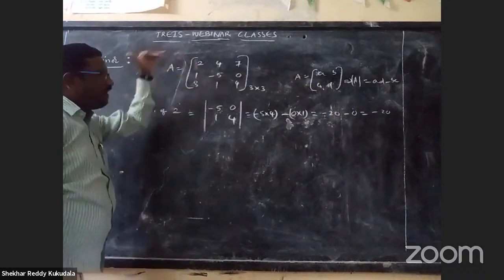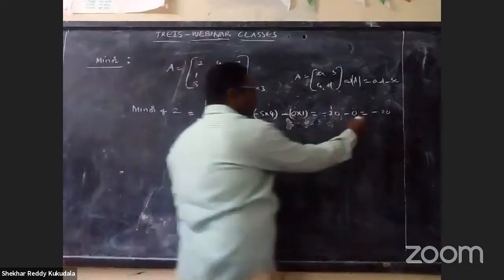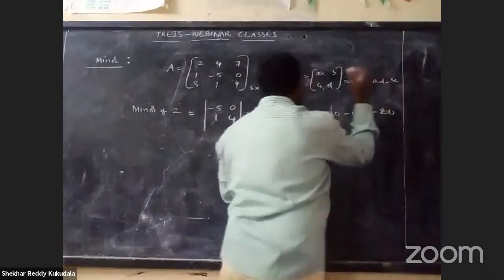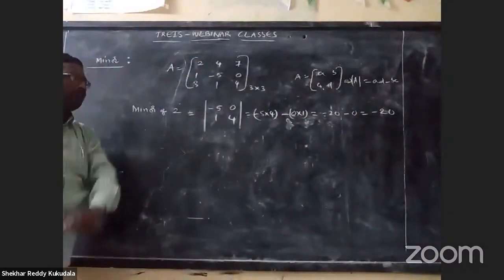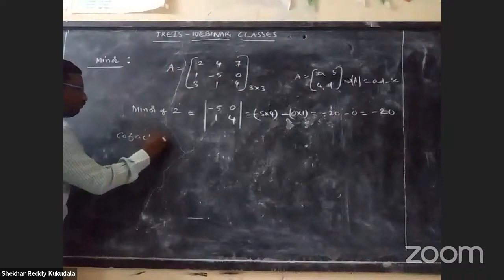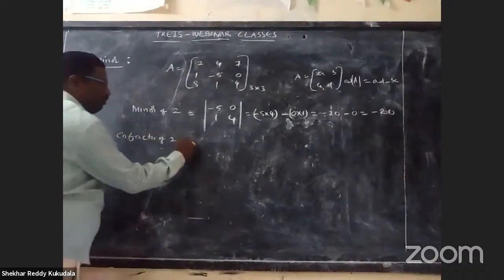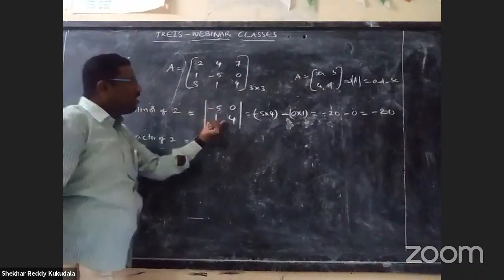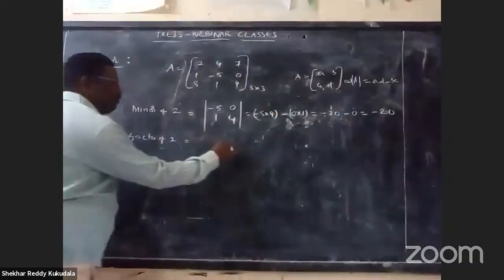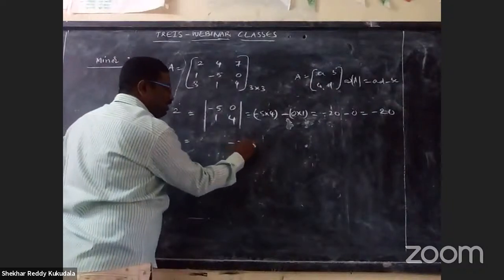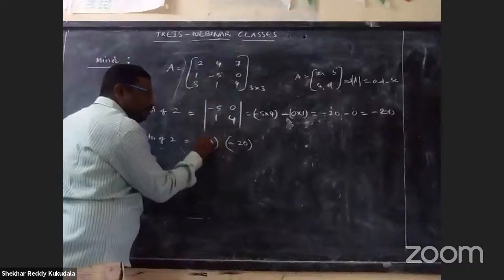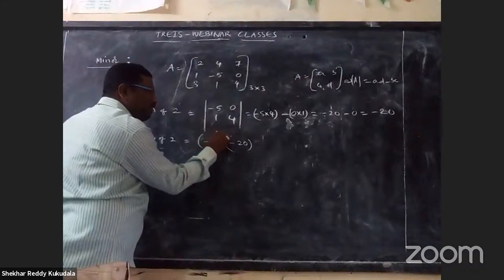Now, same way, how to find the cofactor of this 2? So, the cofactor of 2 is equal to the minor multiplied by minus 1 power i plus j.